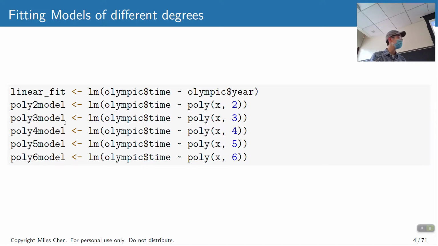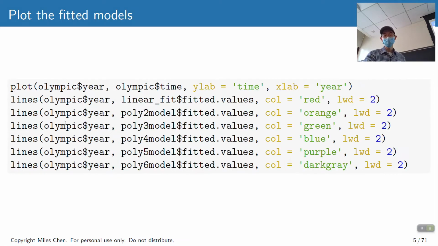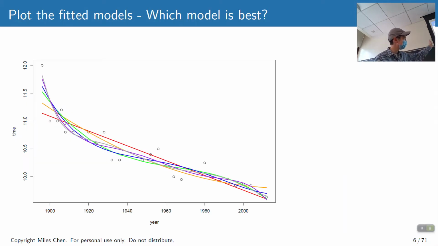We were trying to see what kind of polynomials would fit, and we plotted this, and we got this picture here, so we can see the linear fit, the quadratic, and second, third, fourth, fifth, sixth order polynomials fit to the data. And the question is, which model fits the best?